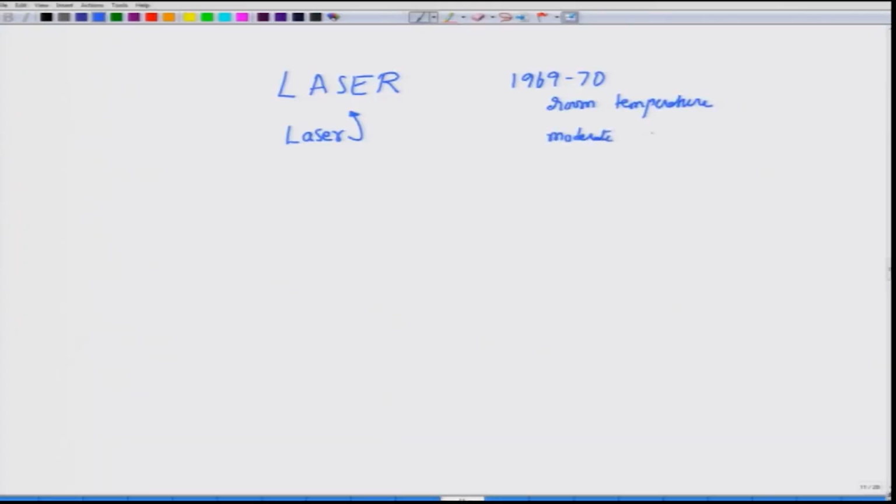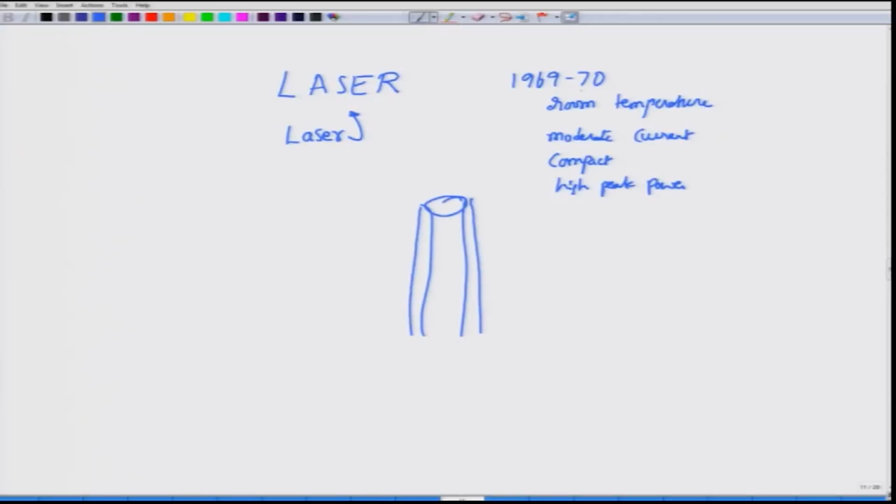So, a few milliamperes of current was sufficient, and these light sources were also compact, could produce reasonably high peak power, and we could efficiently launch this light into the optical fiber. Okay. So, during this time of 1969-70 is when we also got low loss optical fibers.